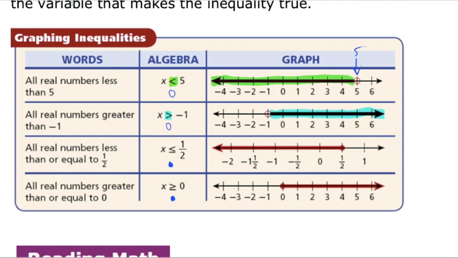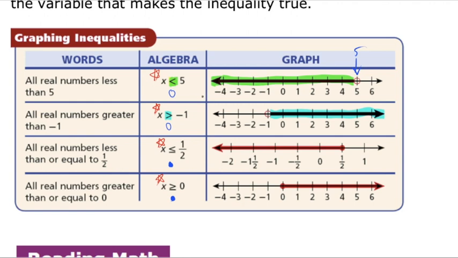So if you want to use this idea of left and right with the less than or equal to, the important piece that you need to understand is that your x's need to be on the left side of your equation for you to be able to say that.